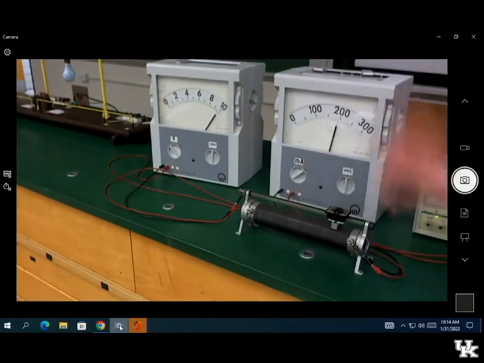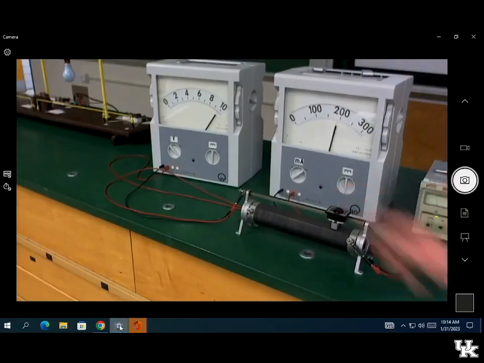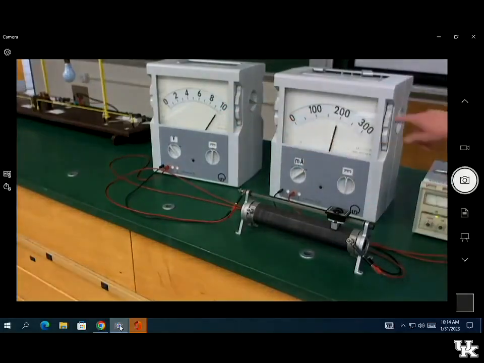So right now I'm measuring in a circuit that's made up of basically the battery or power supply and the variable resistor. I'm measuring simultaneously the voltage across the resistor, and the current through the resistor.